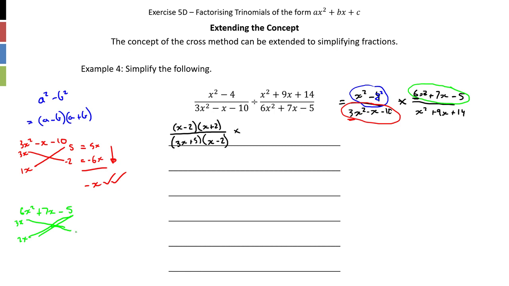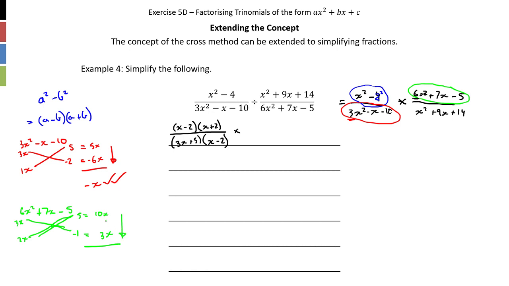So go 5 up here and a 1 here. If I multiply 2x times 5, that's going to give me a 10x. 3x times 1 is going to give me a 3x, and I need the 7, so I'll make that my negative. I needed a negative 5, so negative 1 times 5.